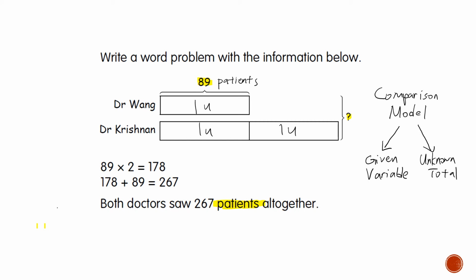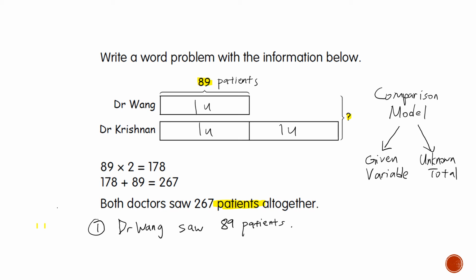So if we write this down, there are actually 3 statements. The first statement is the given variable. Dr. Wang saw 89 patients.